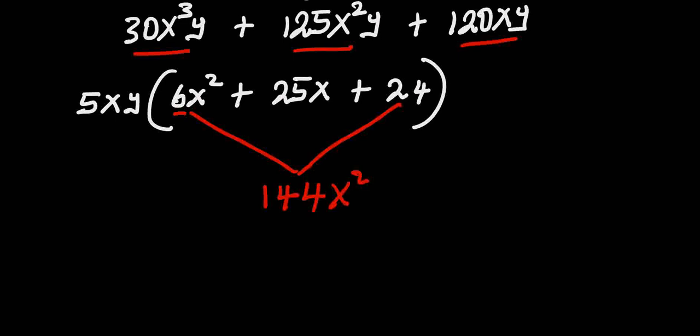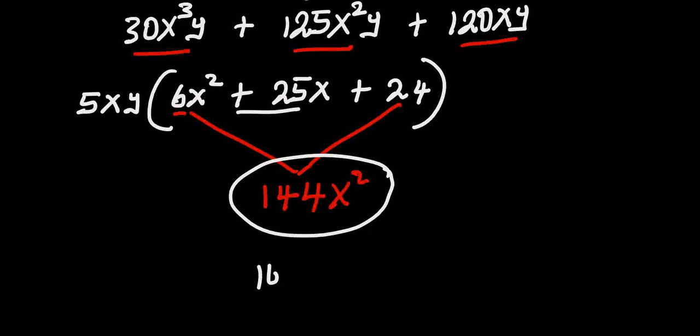So at this point, we have to find two factors of this such that their sum should be plus 25. So now, what are the two factors? That would be 16 and 9.